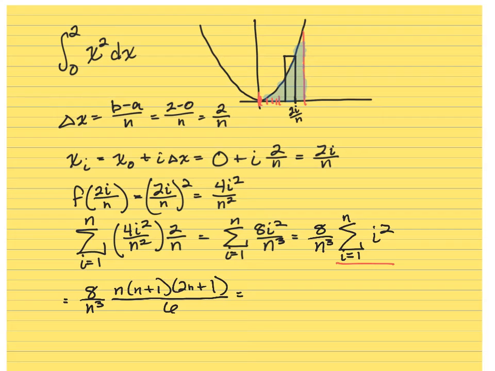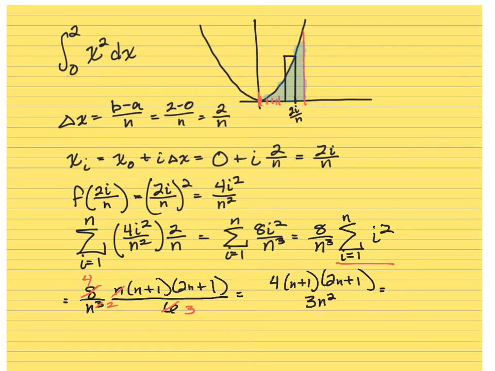If we do a little algebra there, do some canceling, for instance, we can cancel a 2 out of there and there, leaving a 3 and a 4. I can cancel an n there with one of those n's. So we're left with just what? 4 times n plus 1 times 2n plus 1 over 3n squared.